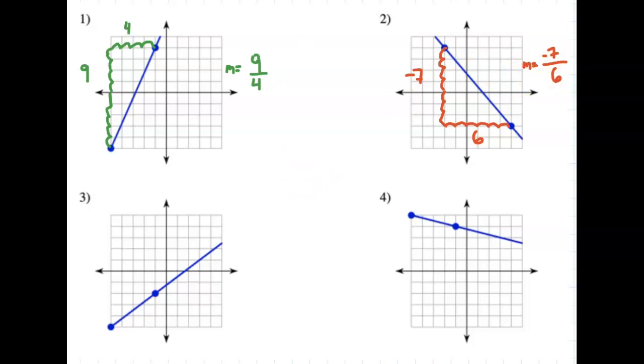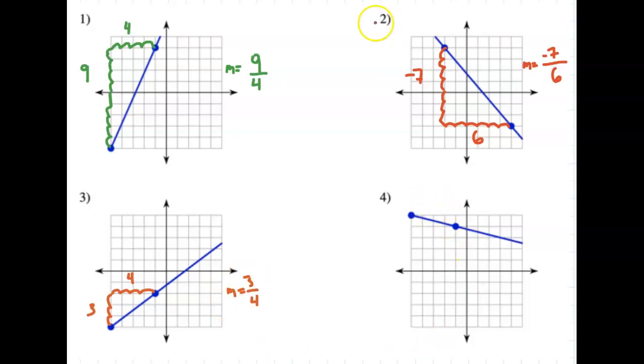Okay. All right, let's change the color to, I don't know, kind of a red. So positive slope because we're going up, right? So 1, 2, 3 is the rise, and the run is 1, 2, 3, 4. So here we have m is equal to 3 over 4. Okay.